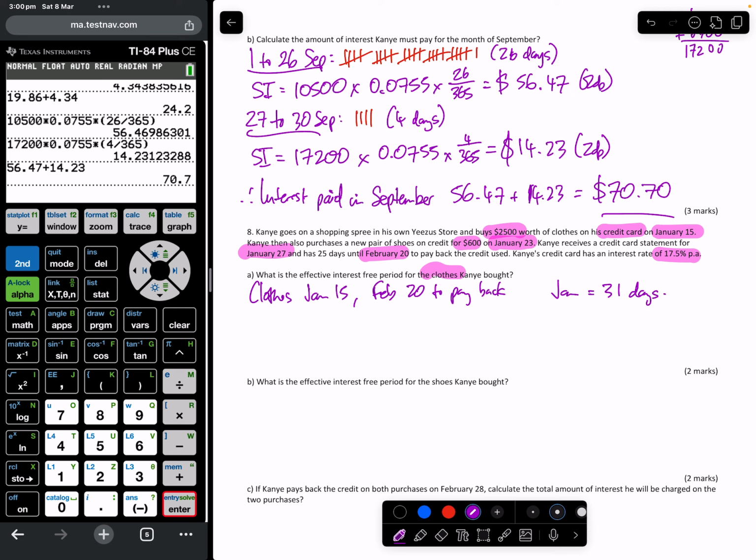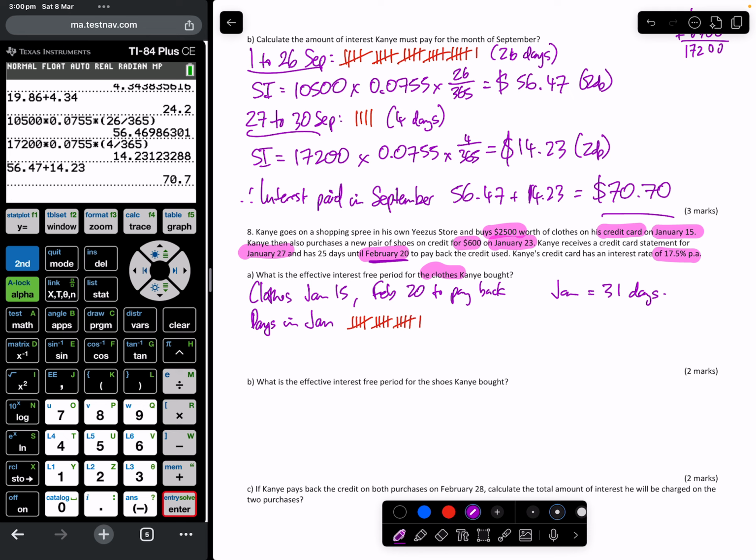My preferred way is counting up to the end of the month and then adding on the 20 that you've got in the next month. So remember, with credit cards, you don't count the first day. Days in January: 15th bought, 16, 17, 18, 19, 20, 21, 22, 23, 24, 25, 26, 27, 28, 29, 30, 31.